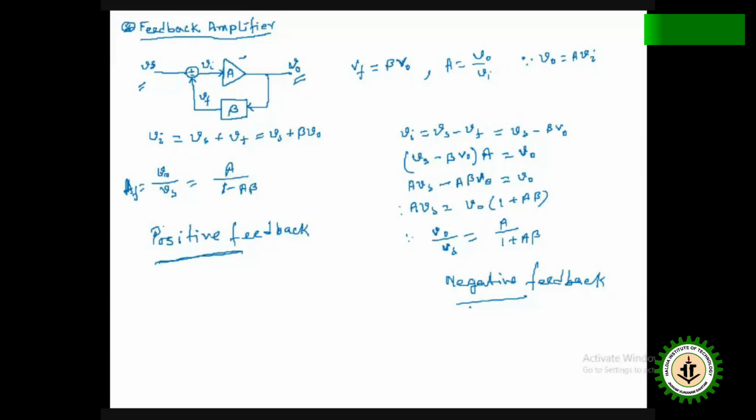The applied negative feedback can improve its performance and reduce sensitivity to parameter variation due to manufacturing or environment. So we can see the feedback topologies, the block diagram of the feedback amplifier.